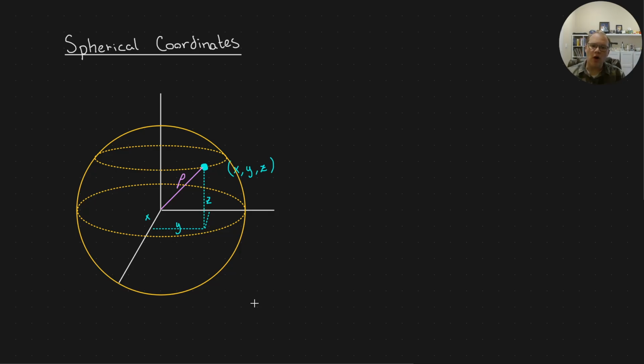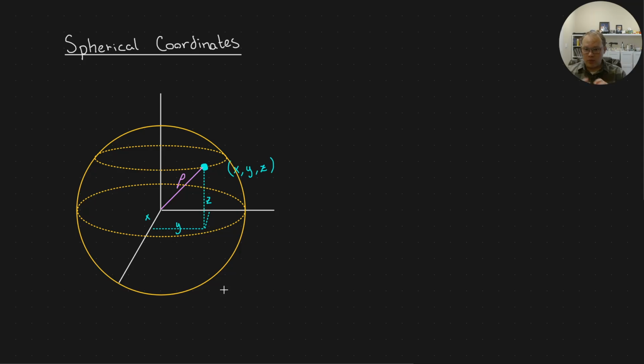We don't want to use r because we're already using r as the radius in our cylindrical variables, right? And r is a different radius. It's the radius from the z-axis to the point. Our spherical radius is the radius from the origin to the point, which is a little different, okay?